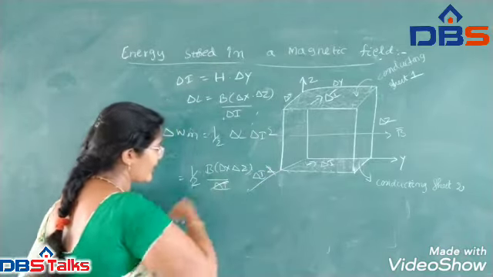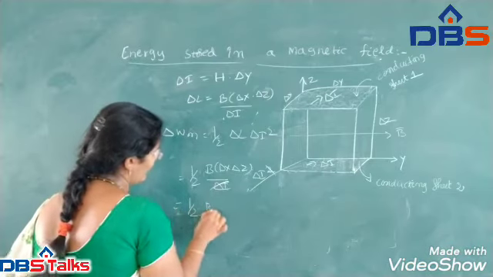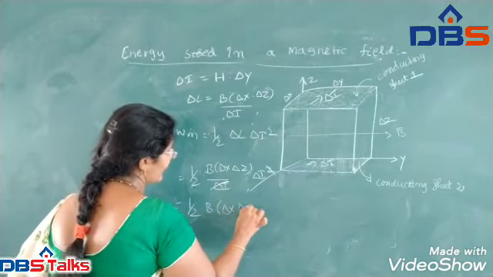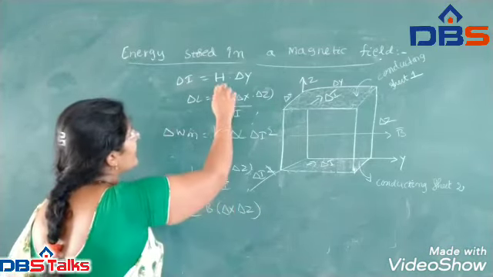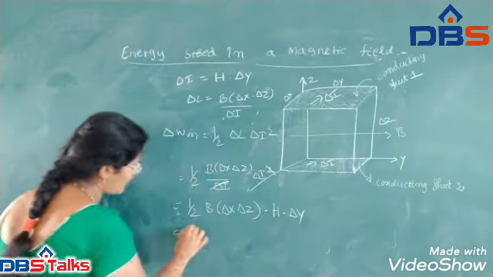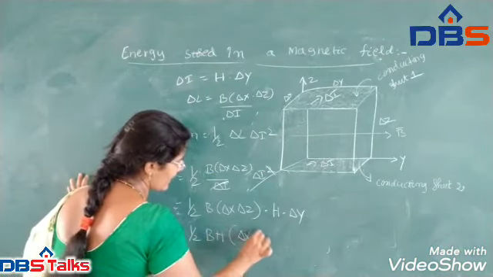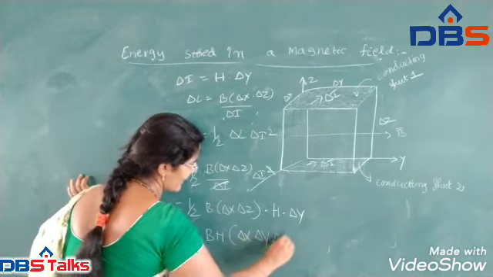Here delta I square will be cancelled, so the remaining value will be half B delta X delta Z. In place of delta I here you can substitute H delta Y. So at that time you can write half BH delta X delta Y delta Z.